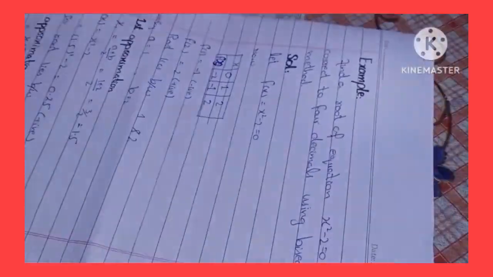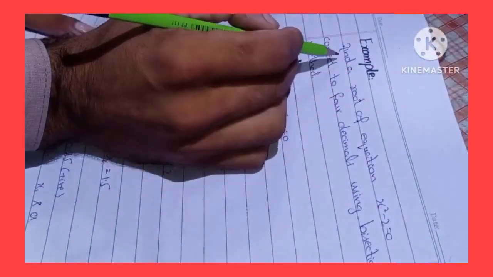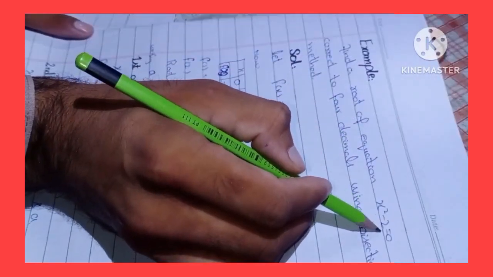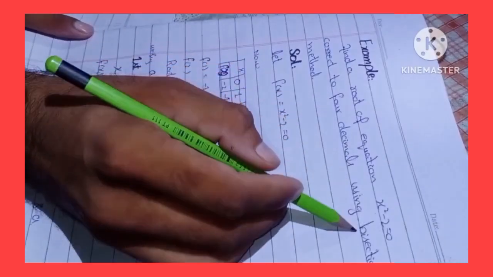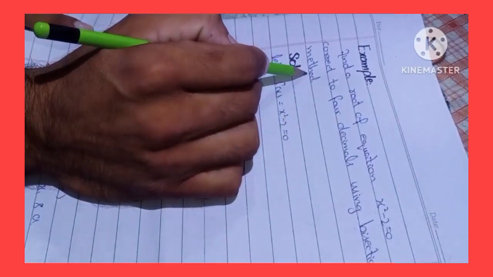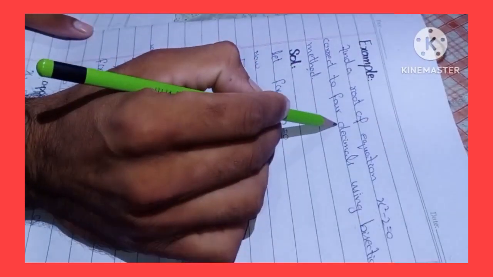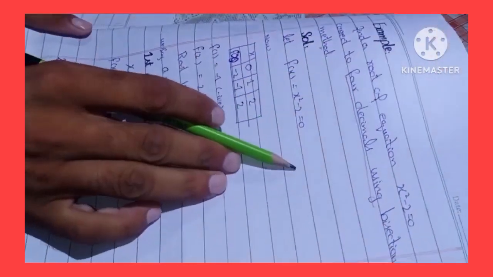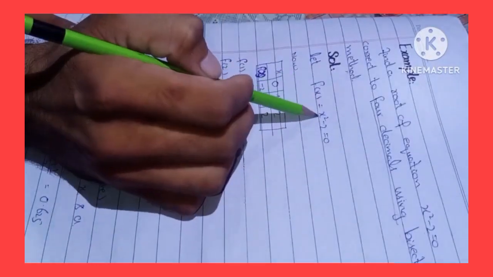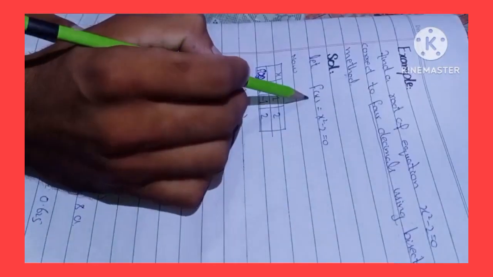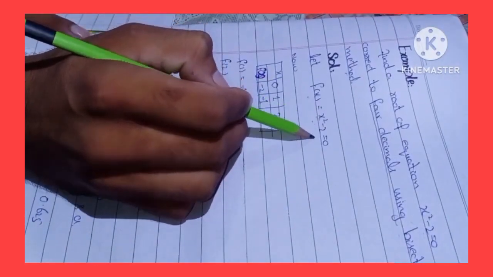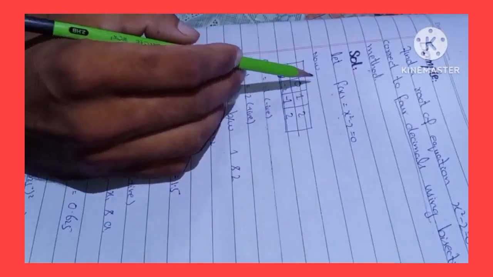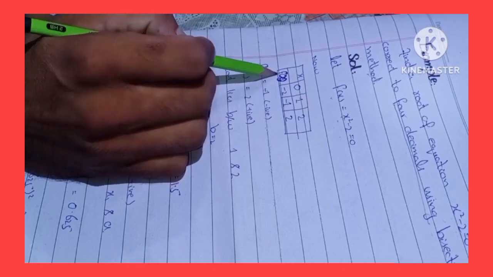For example, find a root of the equation x squared minus 2 equal to 0. This is an algebraic equation, and we find its root correct to 4 decimal places using the bisection method or Bolzano method. Let f of x equal x squared minus 2. First we find the values of x and f of x.